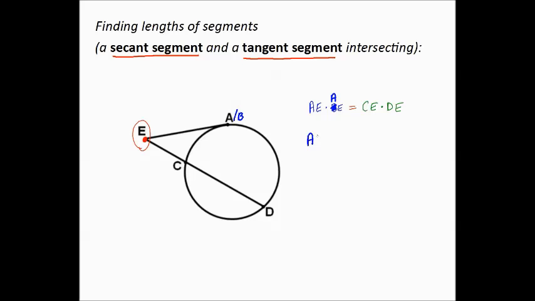So we can either write this formula as AE times AE equals, and then the other secant segment is the same that we're used to, CE times DE, or we can write it as AE squared equals CE times DE. Either way you want to think of it, I prefer to think of it like this because it's essentially the same formula we use for all segments. Let's see how it's applied.